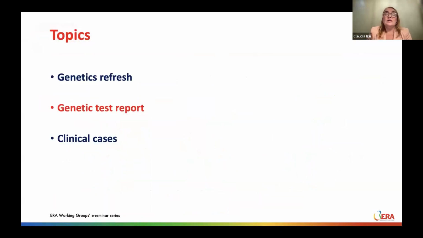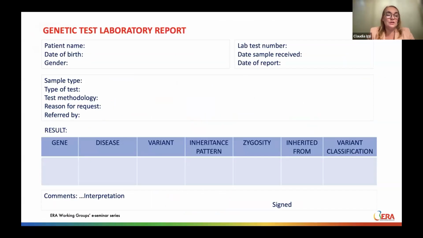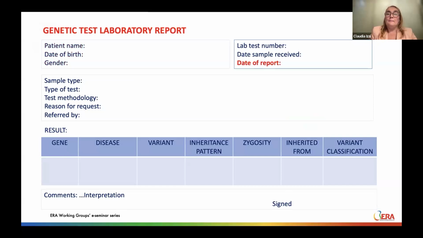So what are the essential points that we should find in a genetic test laboratory report? Here you can see different sections, the data of the patient and the data of the laboratory test, but also the date of report.